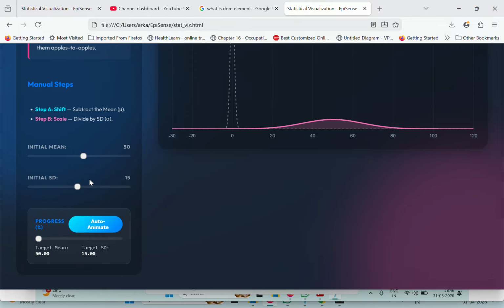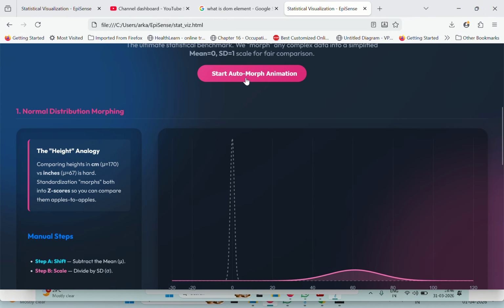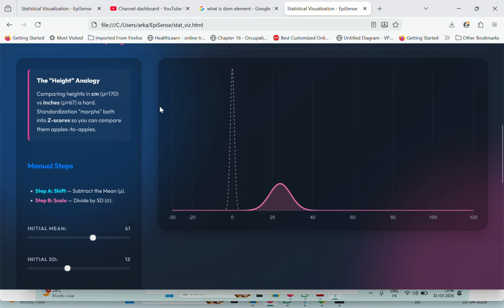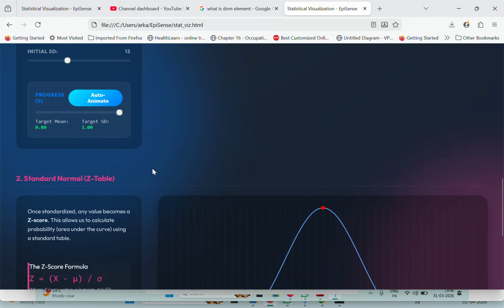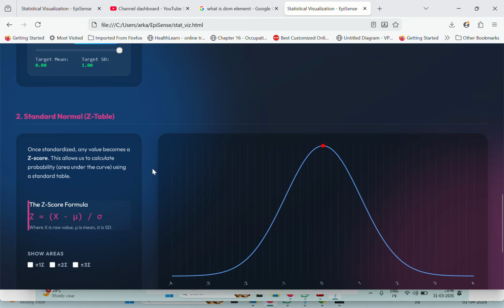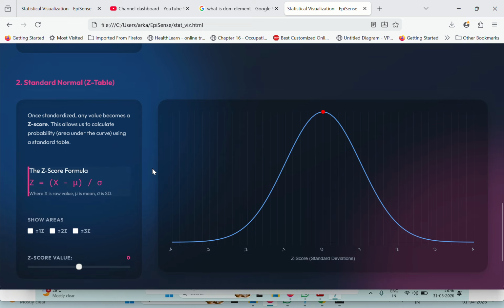So this is the mean and standard deviation. If you change that, the mean and standard deviation also change. And if I want to standardize it, I can do it automatically. That's why I have added that particular animation. Now let's see how it becomes standardized. Okay, so now this is the standard normal, and this is the understanding of the Z score.